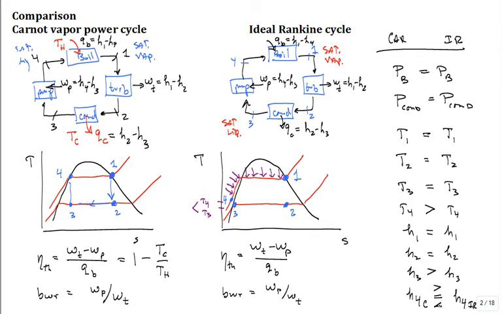Answer C, it's less. So answer A, B, or C, and I will start it right now. So don't call it out. Now you compare the enthalpy at state 4 for the Carnot. Is it greater, answer A, than the enthalpy at state 4 for the ideal Rankine, or equal or less?